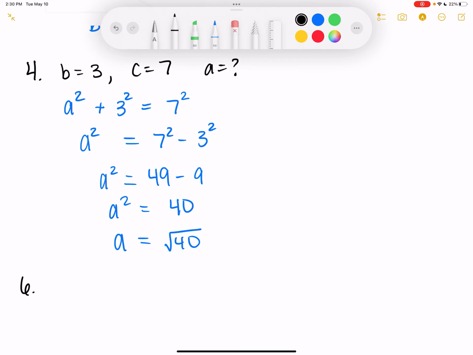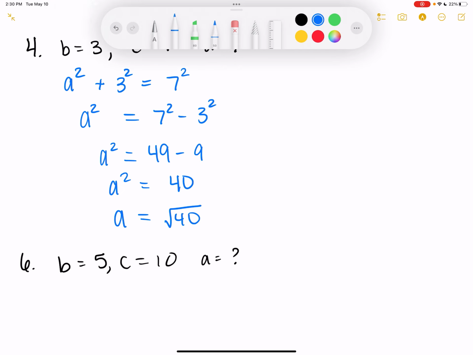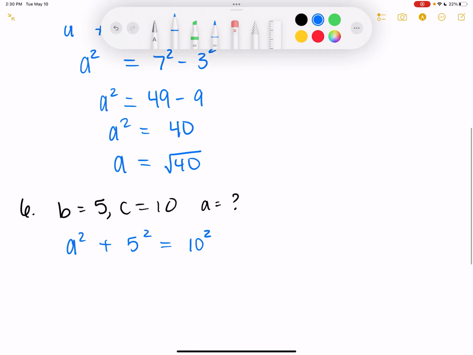6. B equals 5. C equals 10. So A is equal to what? Alright, so A squared plus 5 squared equals 10 squared. So now what?